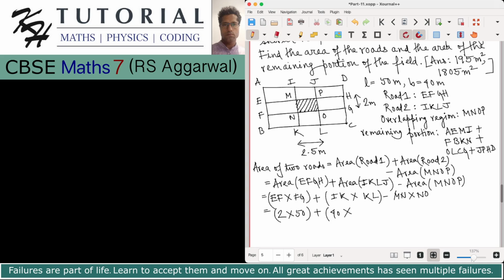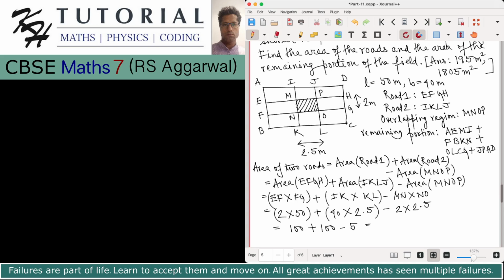KL is the width of the road running parallel to the breadth, which is 2.5, minus MN is 2 multiplied by 2.5. So this is equal to 100 plus 100 plus 100 minus 5.